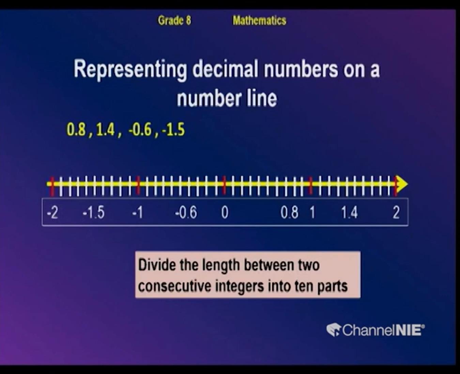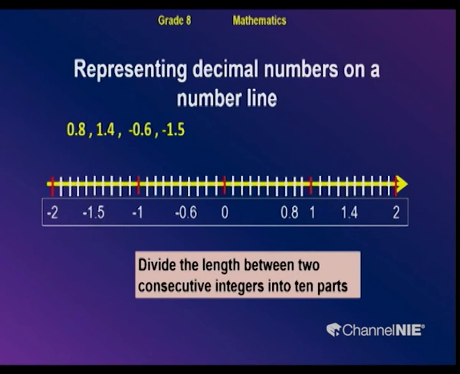Here, 0.8 means you have to separate the part between 0 and 1 into 10 equal parts. Divide the length between two consecutive integers into 10 parts. Now you know the meaning of consecutive integers. So, we have to separate this whole number line into equal parts.